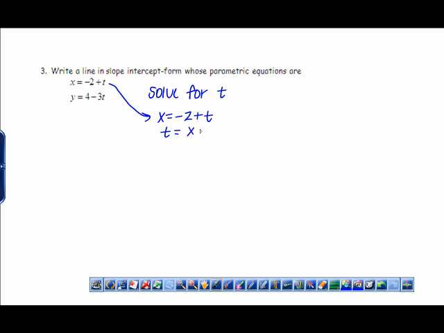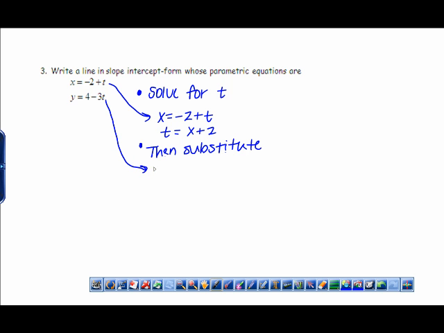Okay, t equals x plus 2. So that's first. I'm going to put little bullets here. Then we're going to substitute. And guess which equation we're going to use now.